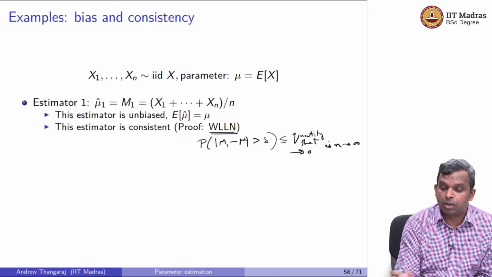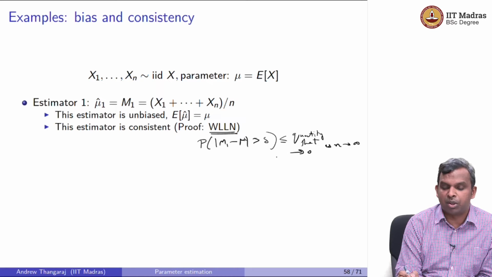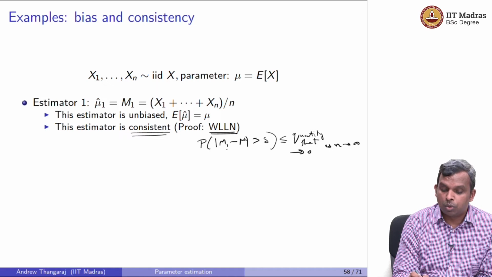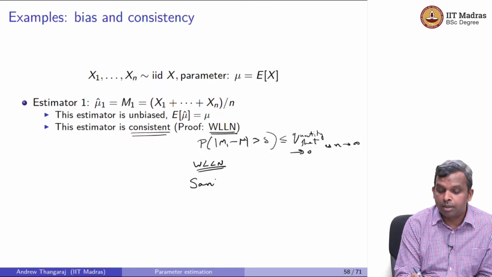We proved this using the Chebyshev inequality. And this just shows consistency. In fact, the weak law of large numbers generally says something about sample moments. This is an important fact to remember.